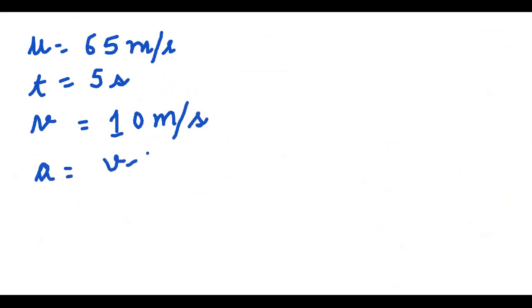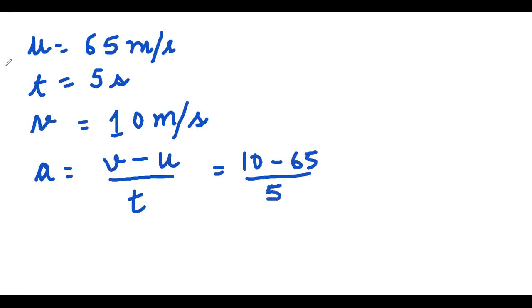The body was moving with 65 meters per second and you are applying brakes to bring its speed low. So it becomes 10 minus 65 divided by 5. 10 minus 65 is minus 55. Is it fine?